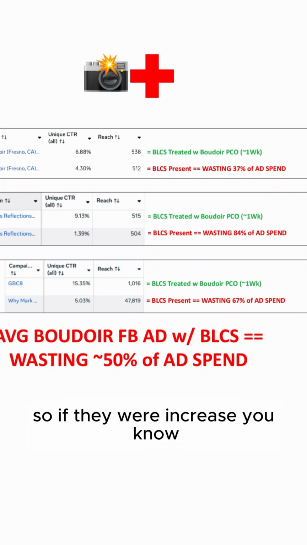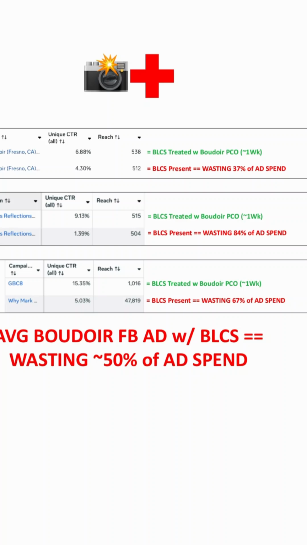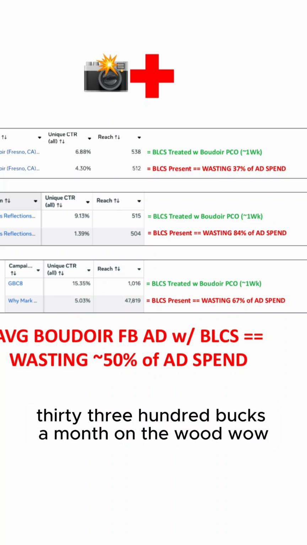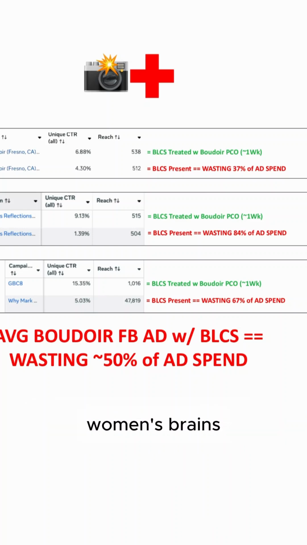So if they're spending 10 grand a month on Boudoir Facebook ads, now they only need to spend $3,300 a month on the Boudoir Pico treated ad to get their ad into the same number of women's brains.